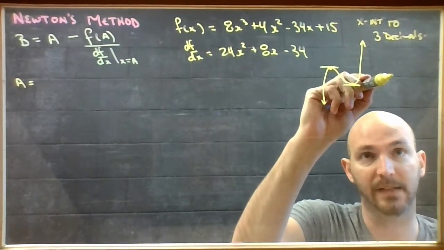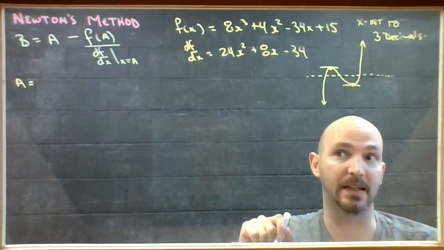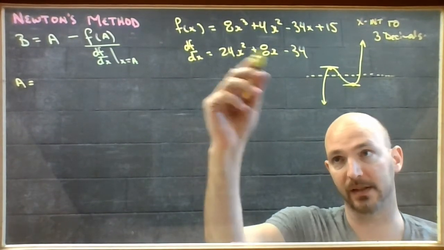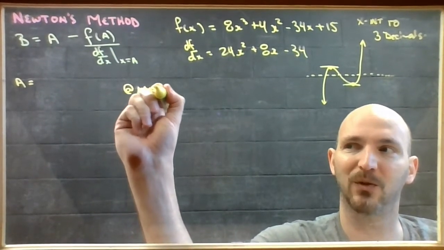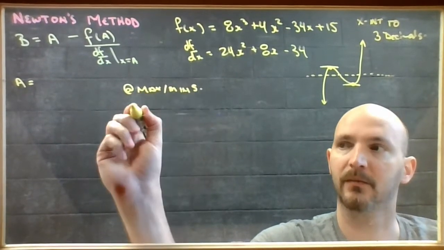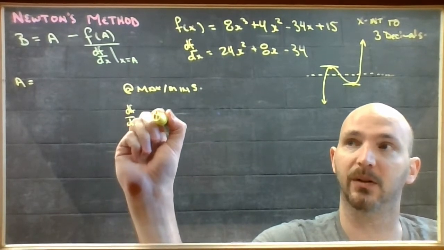And if the x-axis goes through here, that will give me a place where I can start hunting for those x-intercepts. So let's see, max-mins. See if you remember anything from the curve sketching unit. Happen when the function's derivative equals 0.